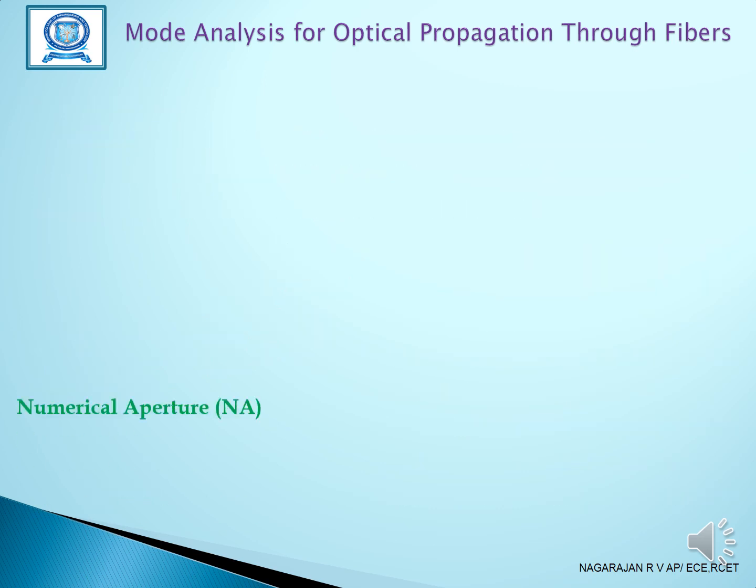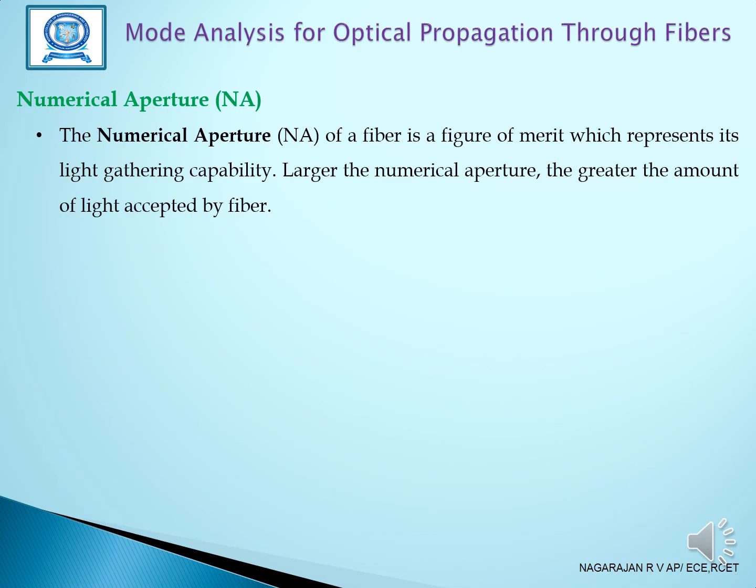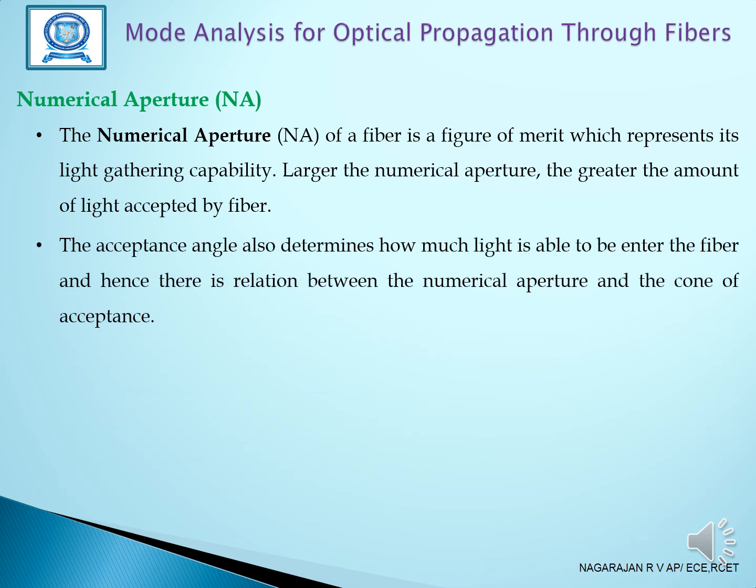So let us see the numerical aperture. The numerical aperture of a fiber is a figure of merit which represents its light gathering capability. The larger the numerical aperture, the greater the amount of light accepted by the fiber. The acceptance angle also determines how much light is able to enter the fiber, and hence there is a relation between the numerical aperture and the cone of acceptance.